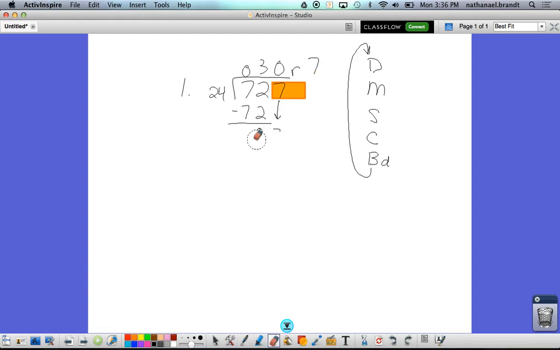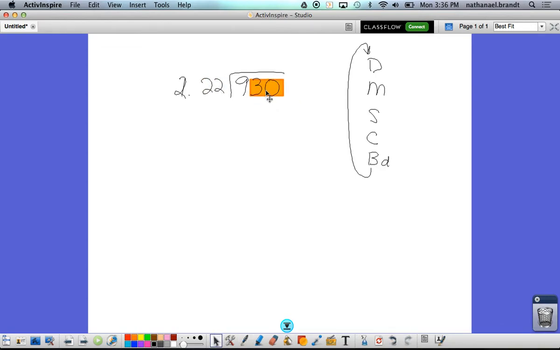Moving on to the next problem. Number 2 is 930 divided by 22. Starting with my hundreds place, my greatest place.